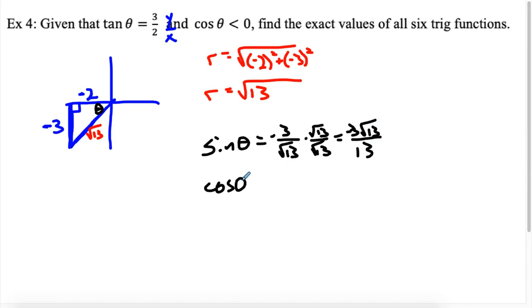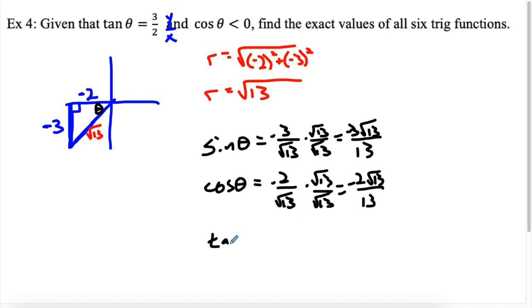Then cosine of theta would be adjacent over hypotenuse, so -2 over the square root of 13. Again, we need to rationalize, so we'll get -2 square root of 13 over 13.